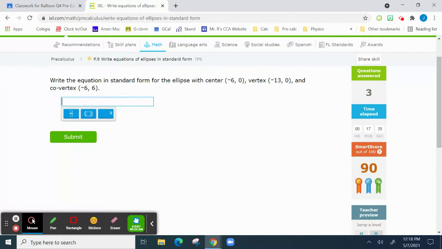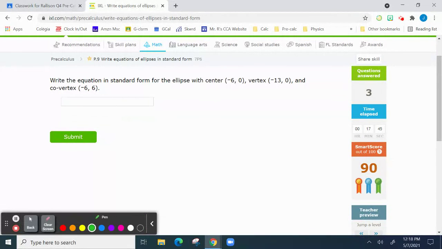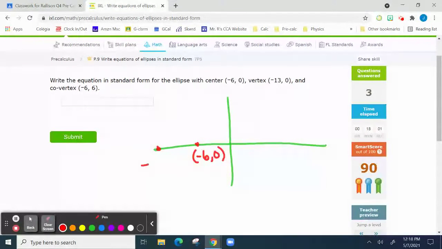Write the equation for there's a center and one vertex and one co-vertex. So I'll just give you direction on this and then we'll close it off. Okay, so we have this, and we know the center is at negative 6, 0, right? And we have a vertex at negative 13, 0, right?